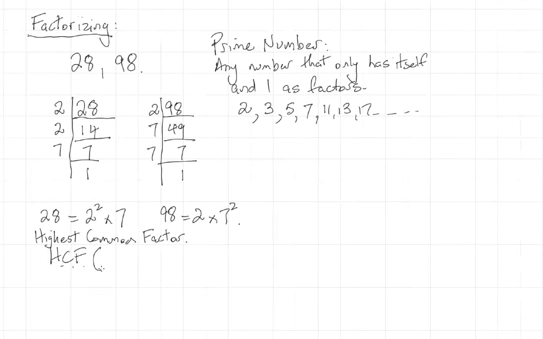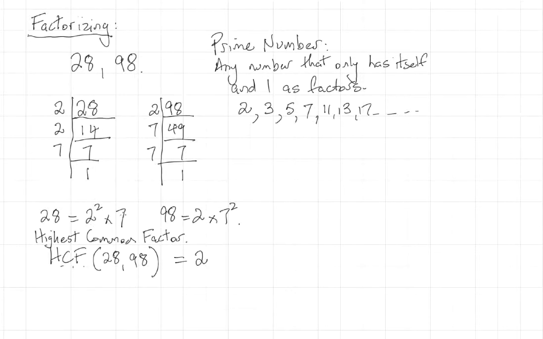So the highest common factor of 28 and 98, instead of writing that out all in English, we write it like that. The HCF of, in capitals there, of the two numbers separated by comma and brackets equals. Now what we do is we look at the breakdown of prime numbers and we say, right, there's some 2's in both.